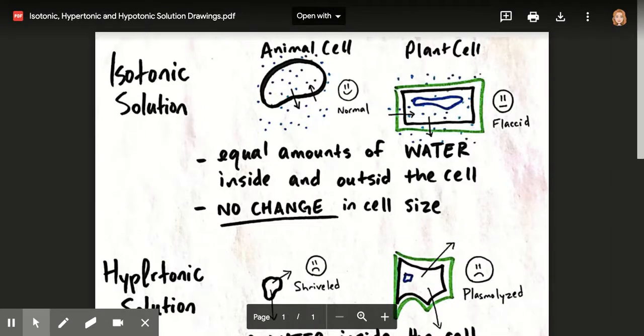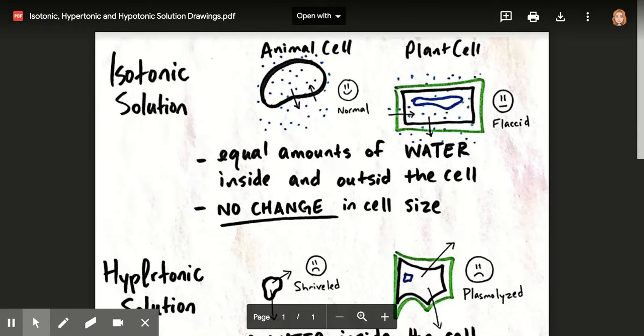Hello, today we're going to talk in a little bit more detail about different types of environments or solutions and the effect they can have on different cells. So, either animal cells or plant cells in our examples today.